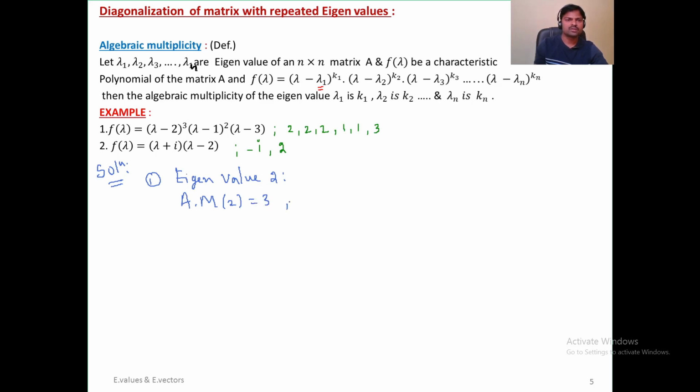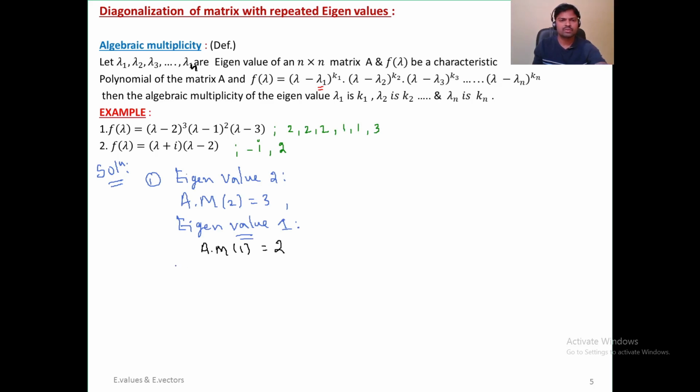Similarly, the eigenvalue 1. What is its algebraic multiplicity? The algebraic multiplicity of the eigenvalue 1 is 2, because it is repeated 2 times. Look at the power, k2 is 2 here.